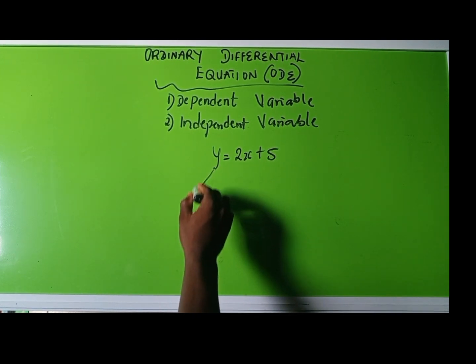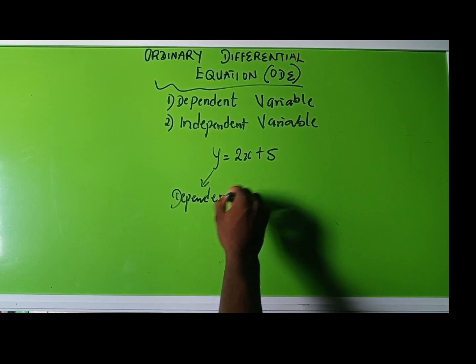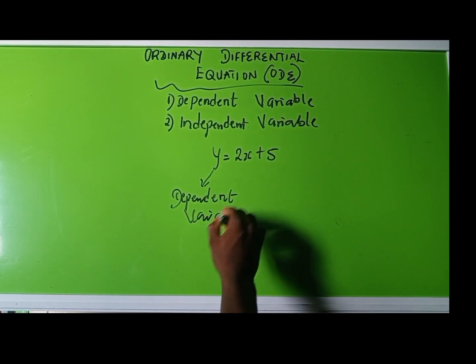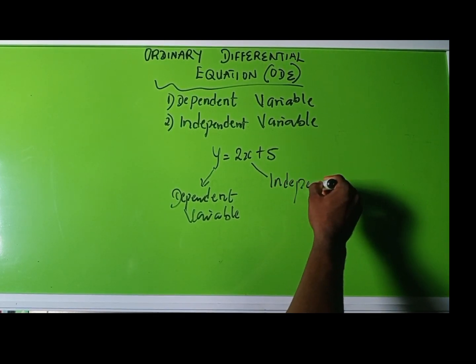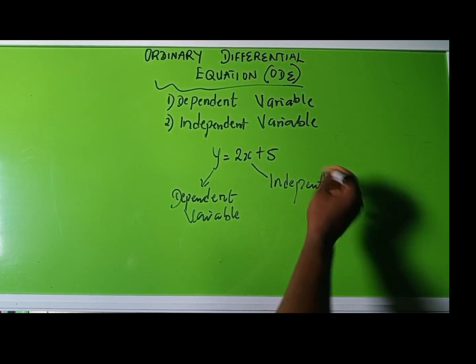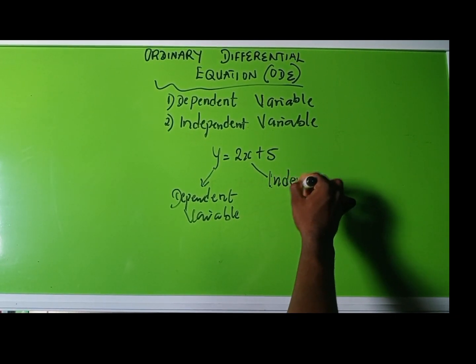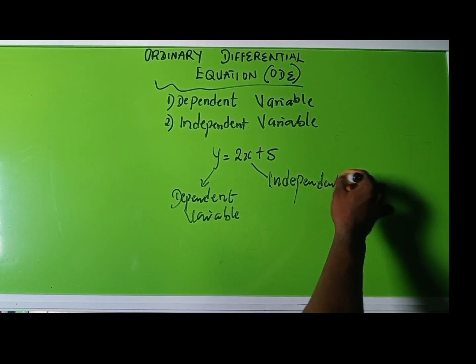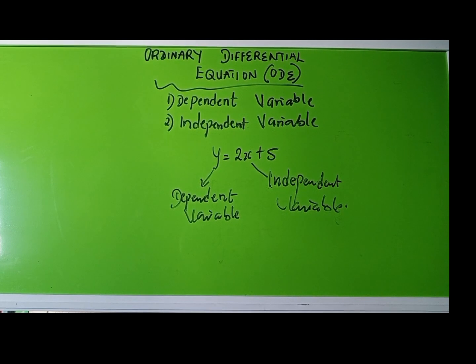So our y here is our dependent variable, while the x is our independent variable. So we see that y is dependent on x. If you change the value of x, you have already changed the value of the equation. You've changed the value of y. You've gotten a new value of y.